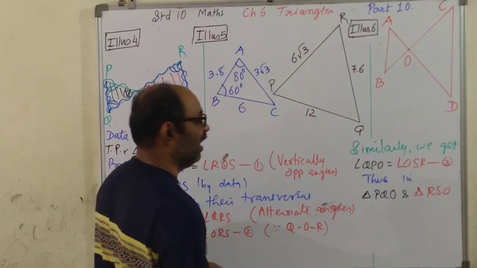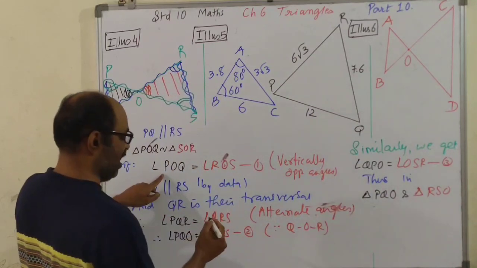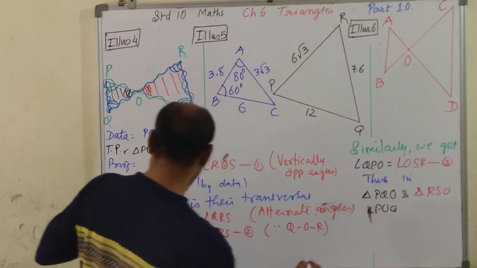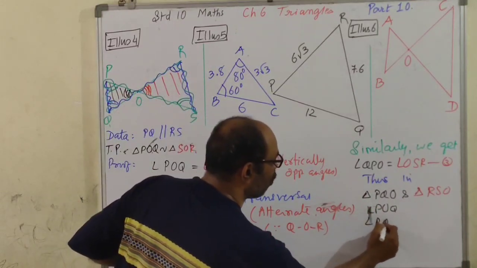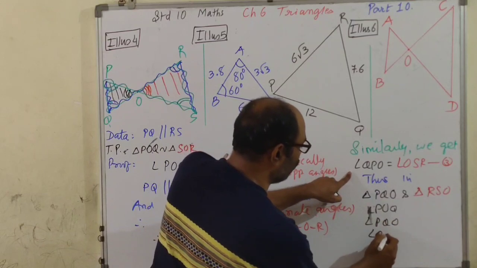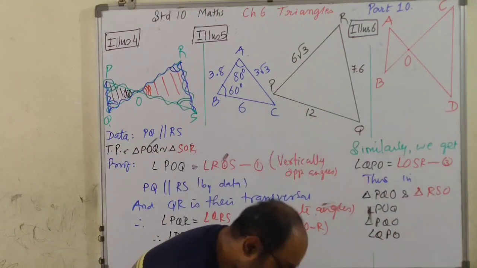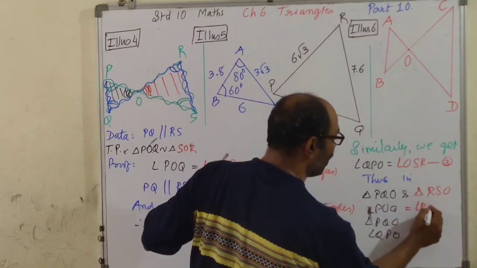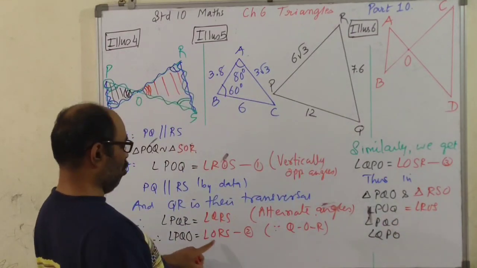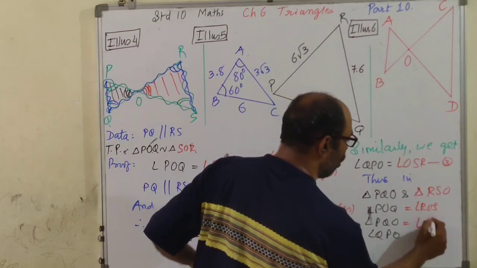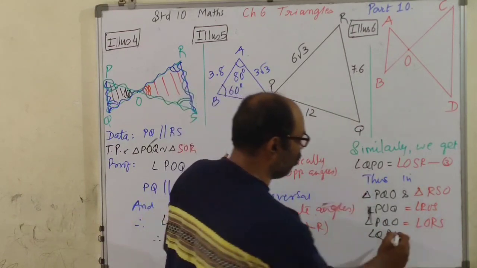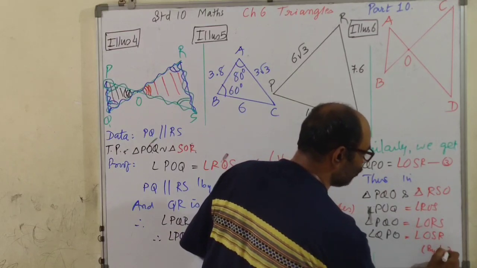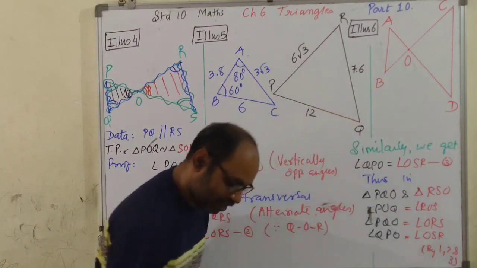In these 2 triangles, angle POQ, angle PQO, and angle QPO. POQ is equal to angle ROS. PQO is equal to angle ORS. And QPO is equal to angle OSR by 1, 2, and 3.